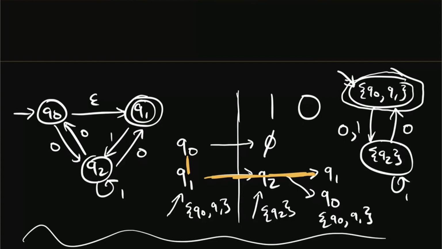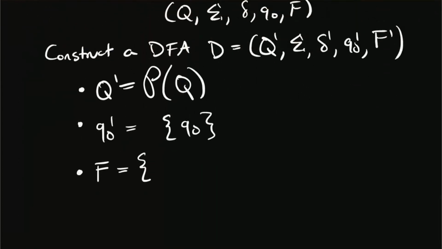So you can think of this as saying it's all the subsets such that they have non-empty intersection with the final states. In other words, all the states in the DFA, if they have a Q1 anywhere inside of it, are final. Because I could reach Q1, that means it should be a final state in the DFA. Okay, so what do we do here?